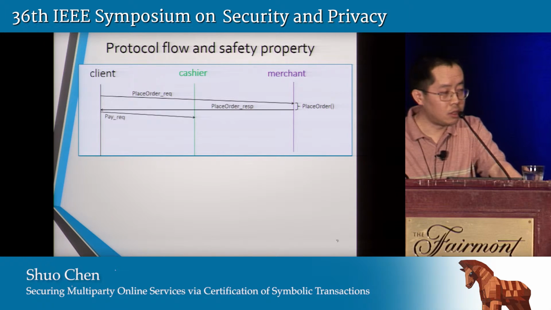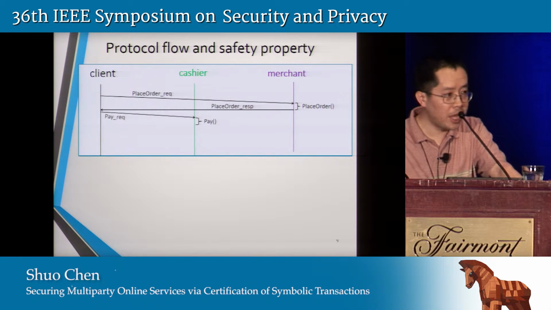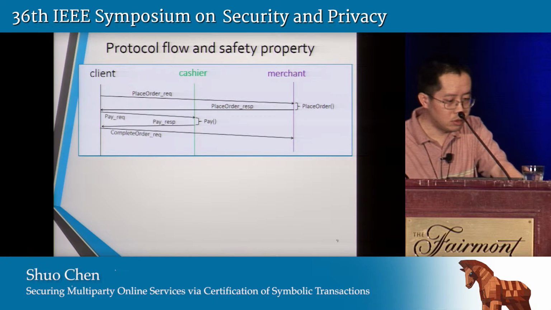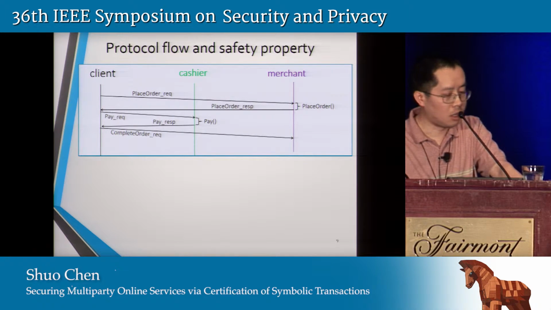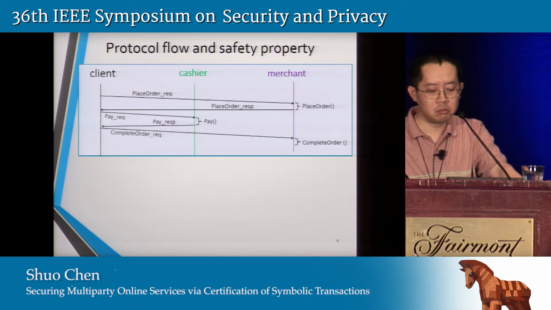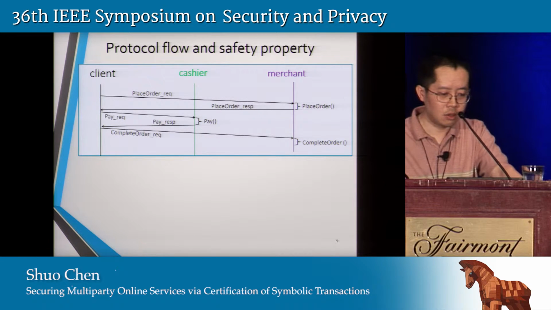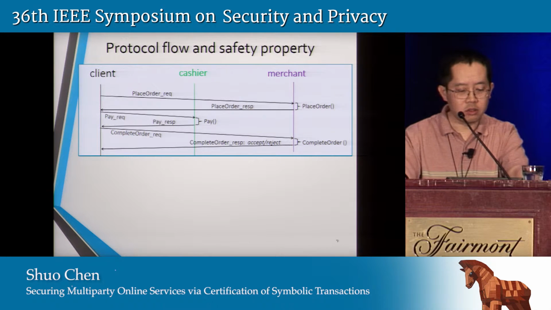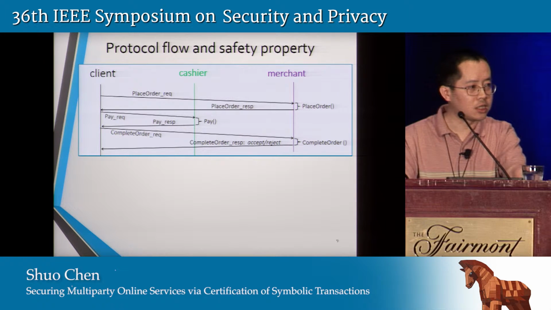Then this method generates a redirection to bring the client to the cashier, where a method pay is called. Now this method generates another redirection to bring the client to the merchant, where complete order is called. Now the merchant at this moment can decide to accept or reject the transaction.